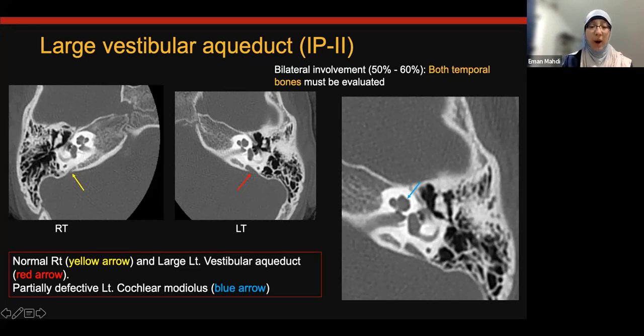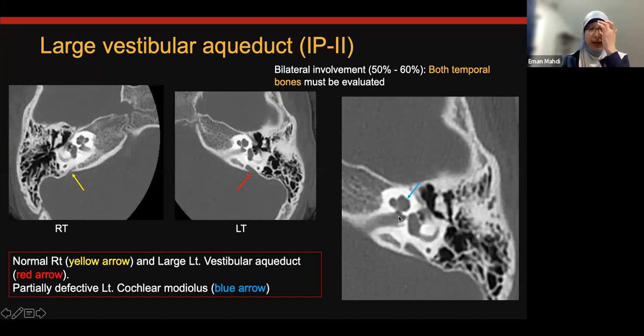If you see it wider, like in this case, where the vestibular aqueduct is wider even than the horizontal semicircular canal, and wider than the posterior, this is the posterior, then yes, it's worth calling that there is a large left vestibular aqueduct, which can affect hearing and result in balance issues.